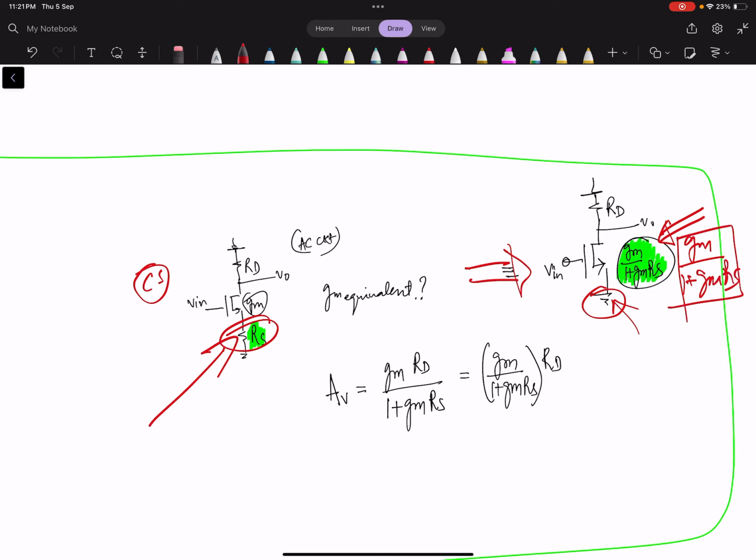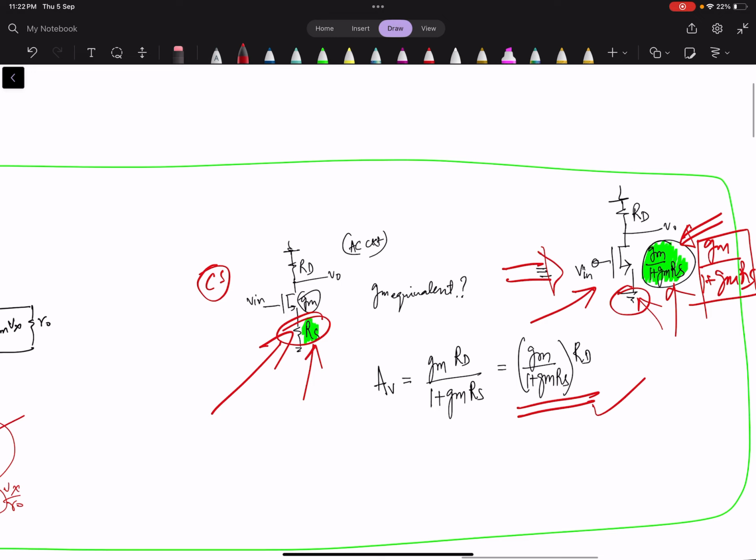This is basic intuition that will help you in the signal analysis, in the intuitive analysis of the circuit. So when there is a degeneration resistance, we can assume it is equivalent to a common source amplifier without Rs, but the gm is now updated to gm upon 1 plus gm Rs. So this is the point.